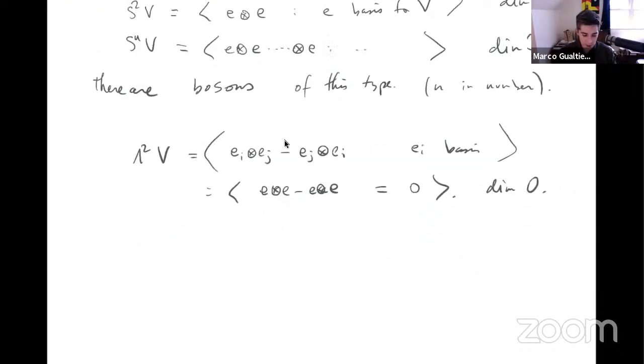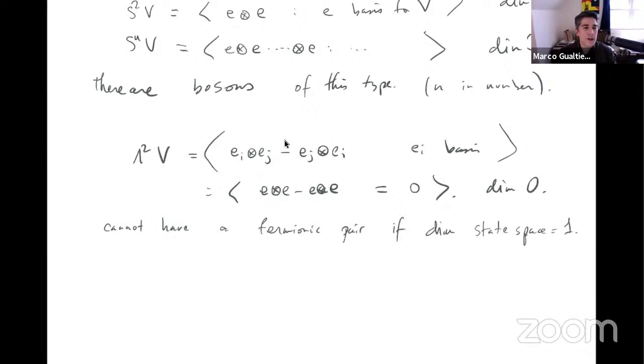So this means that we cannot have identical fermions. We cannot have a fermionic pair if the dimension of the state space is equal to 1.